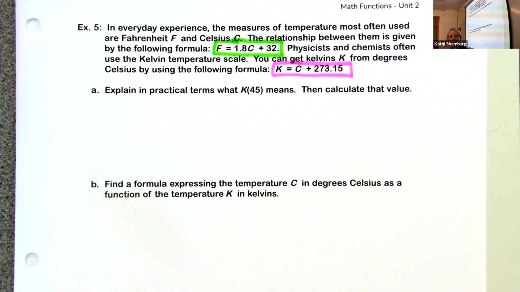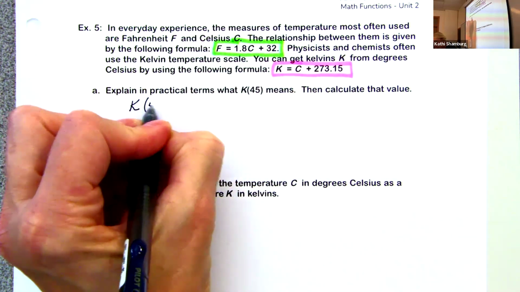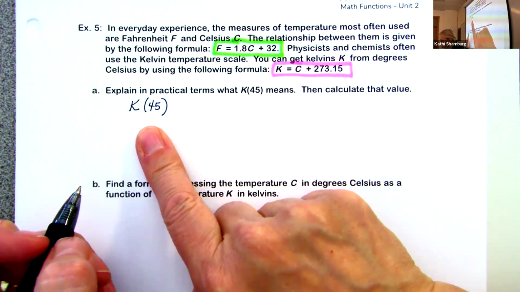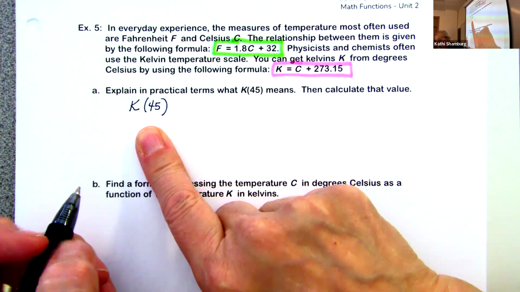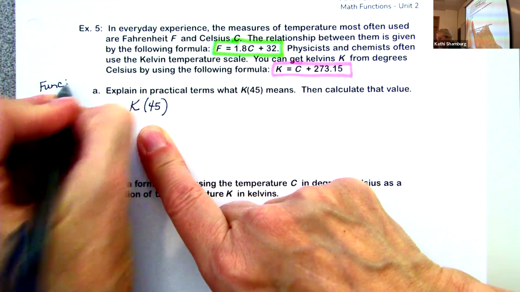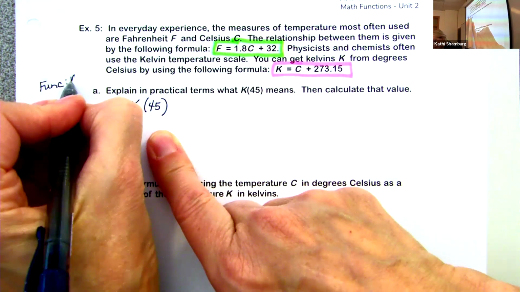So, part A, explain in practical terms what K at 45 means. All right, K at 45. This is called functional notation, right? So, based upon this functional notation, what is your function? K, which is Kelvin temperature.